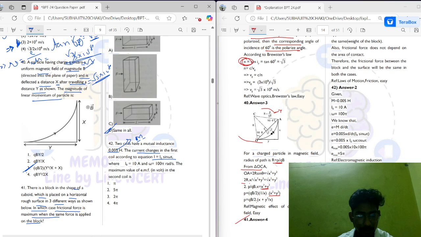I naught is 10 sin omega t, so omega will come out and it becomes cos omega t. Omega means 100 pi. So 0.005 into 10 into 100 pi cos omega t.